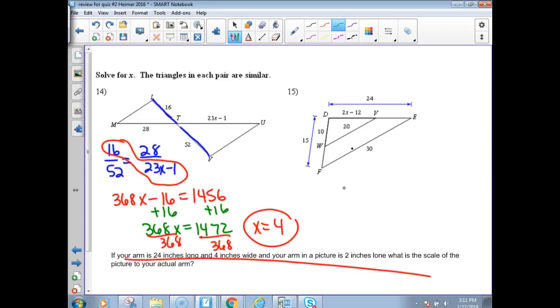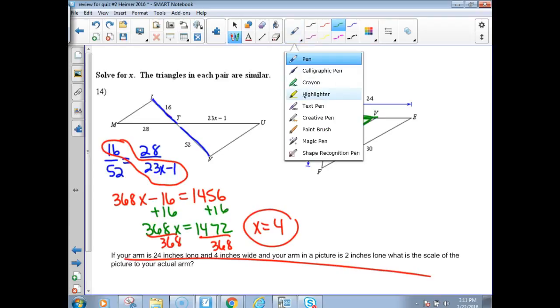You have multiple ways to set up this next one. However, you got to look at, oh, my pen's stuck, so sorry. This triangle versus the big one.